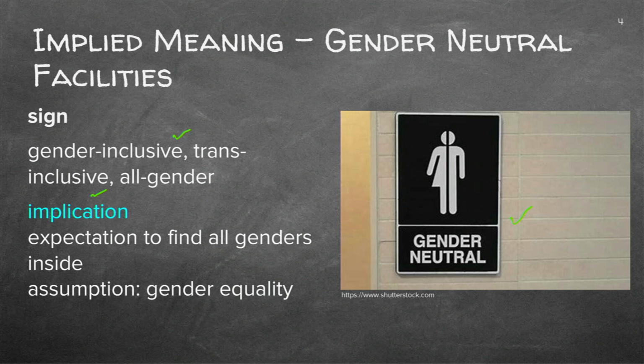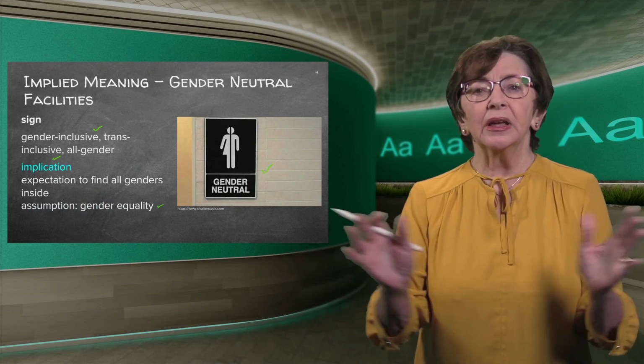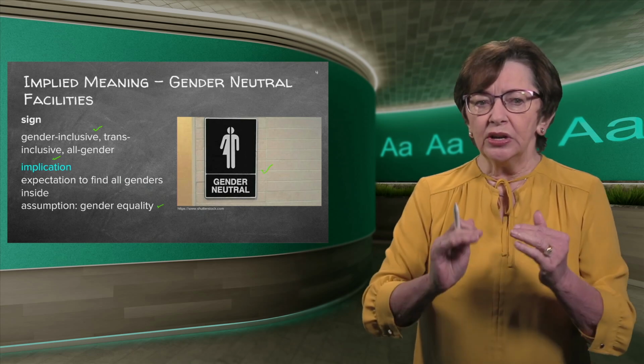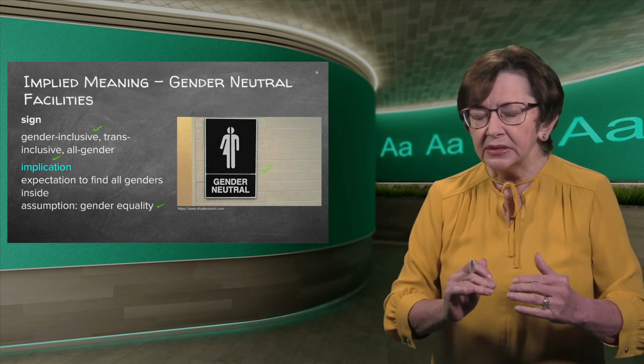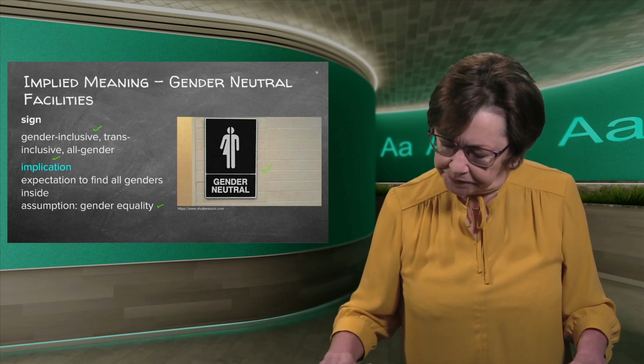And there is even a deeper assumption after that, namely that this facility, this place, has gender equality. They believe in gender equality. They don't have facilities for men and facilities for women. They promote gender equality. So can you see the implied meanings underneath the literal that we see?